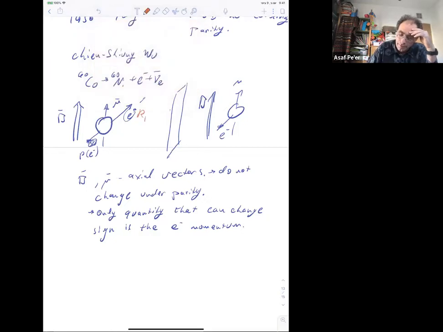R1 and R2 should be equal. Okay, you're all with me? Okay. So experimentally, what she found out is that this is not the case. That result led to the Nobel Prize for Lee and Yang.